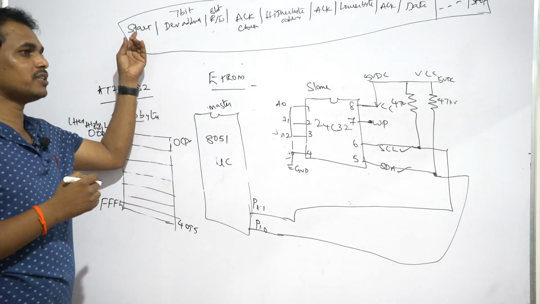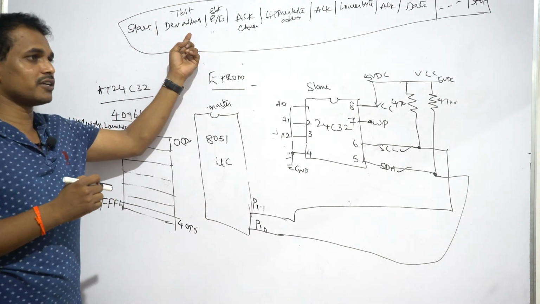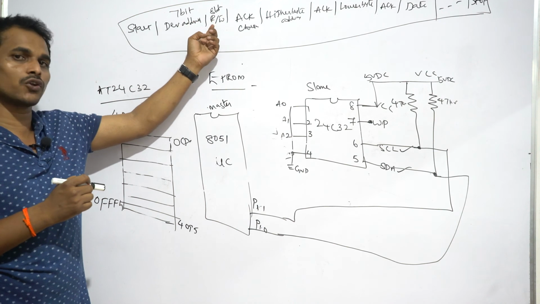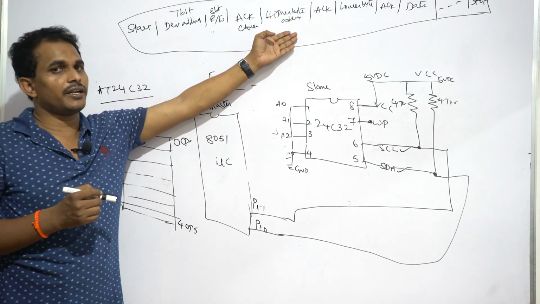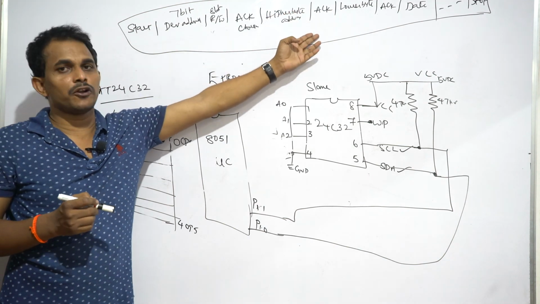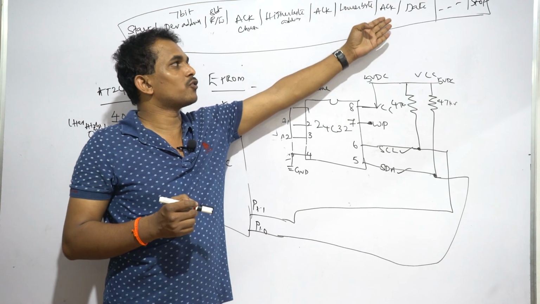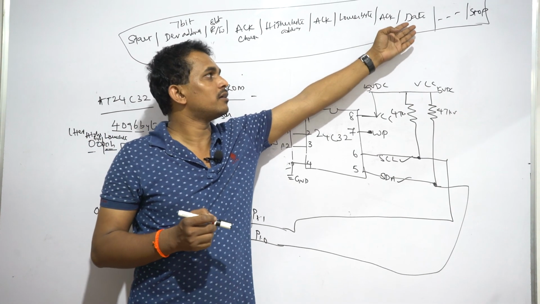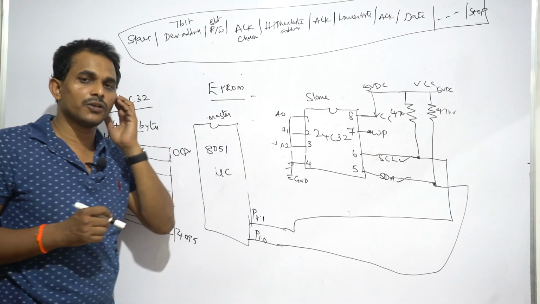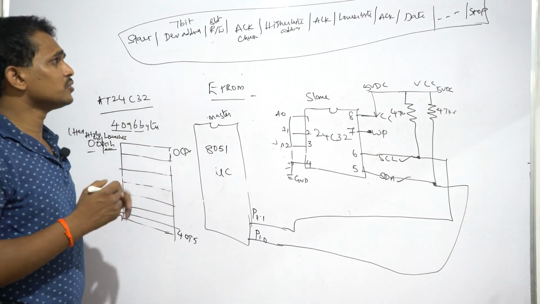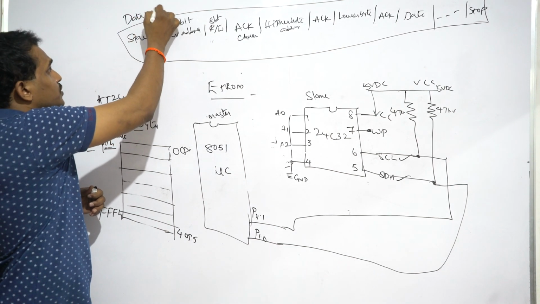The first one is start, and next it has to send the device address along with the read or write bit, and check the acknowledgement, then send the higher byte address, check the acknowledgement, then the lower byte address, acknowledgement check, and data, and you can continue for the next locations. Otherwise you can stop. So this is the simple data write operation with the EEPROM location.